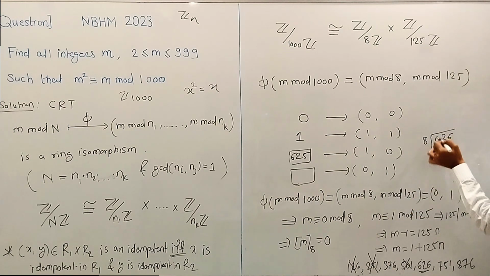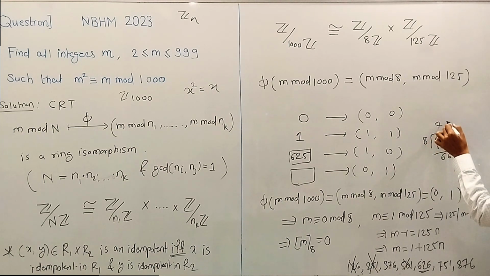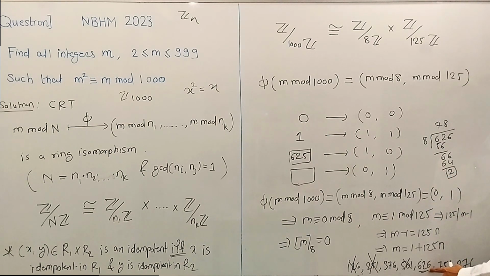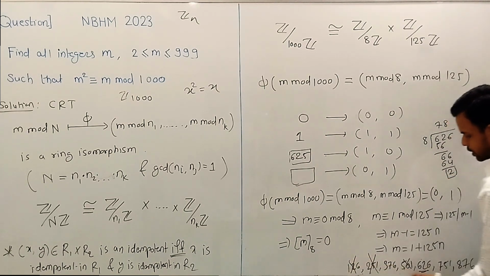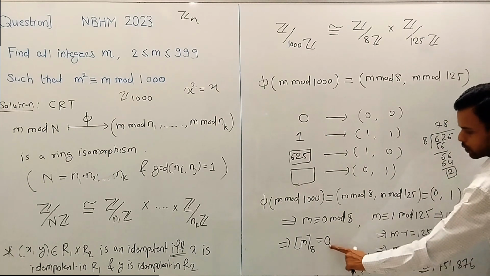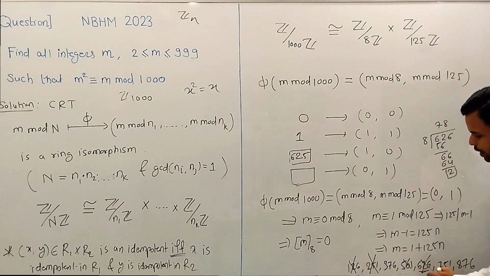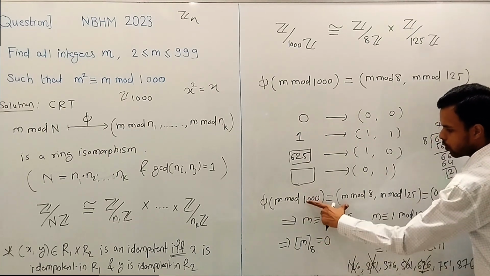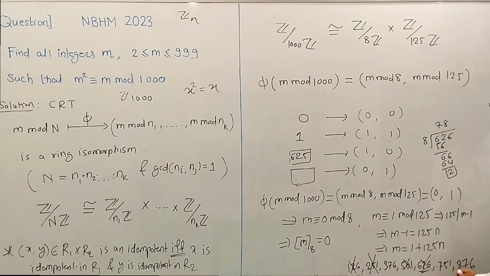Just divide it. The remainder is 2. So 626 modulo 8 is 2, not equal to 0. So 626 does not satisfy this condition, so it is discarded. It is also discarded.